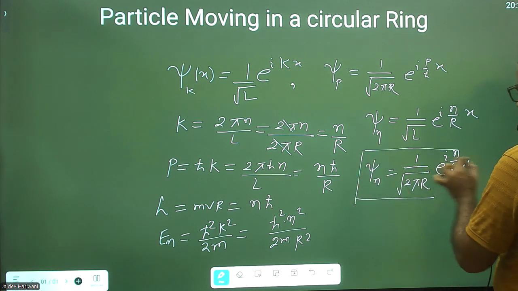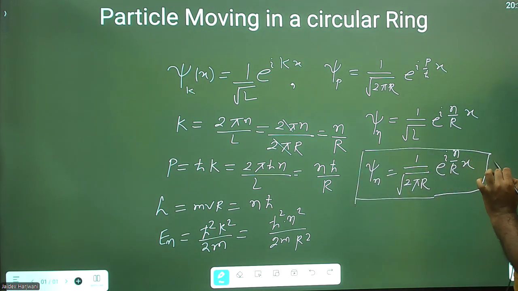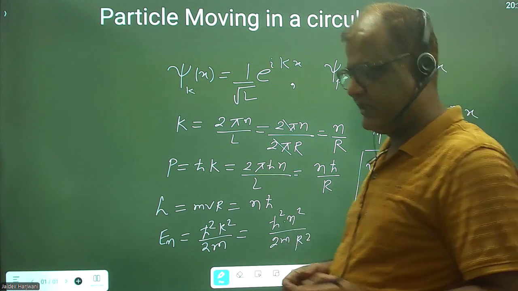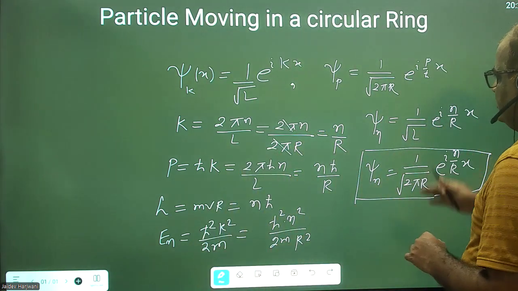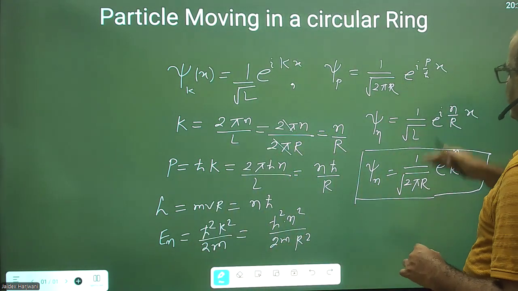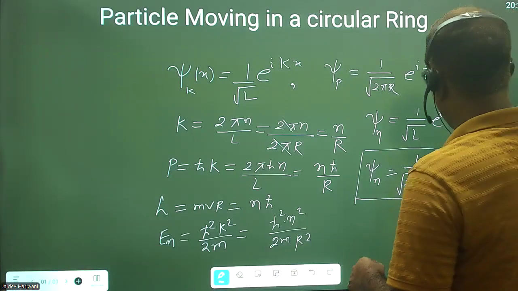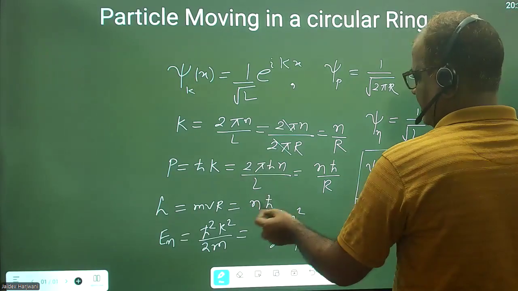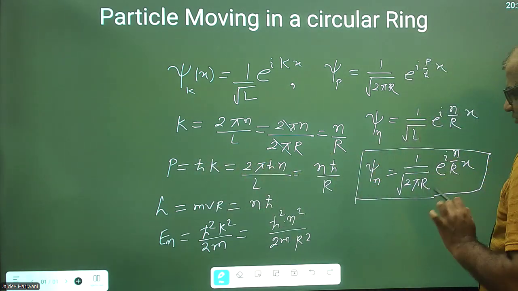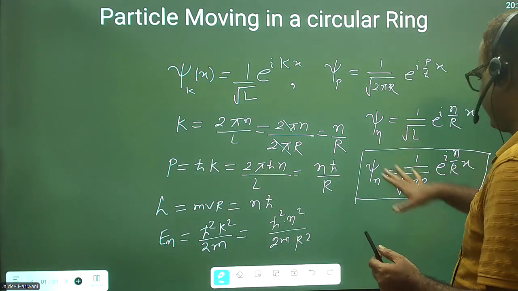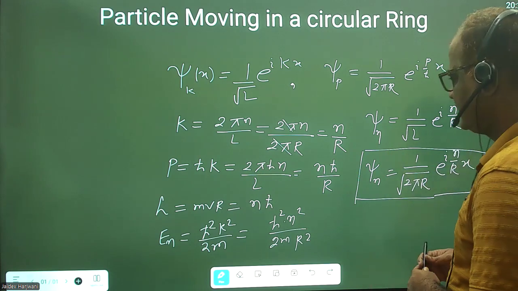This is the simpler form, remember. These are the wave functions when the particle is moving on a circular ring. Instead of n by r, you can also use the value of p, 2 pi h cut n upon L. So these are the forms, and this one is simple to remember.